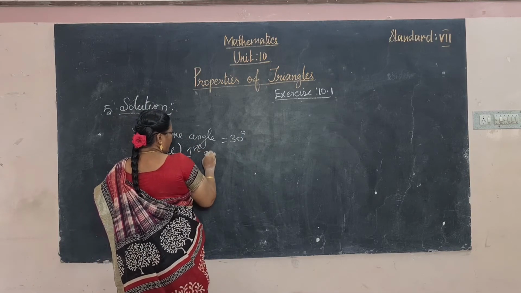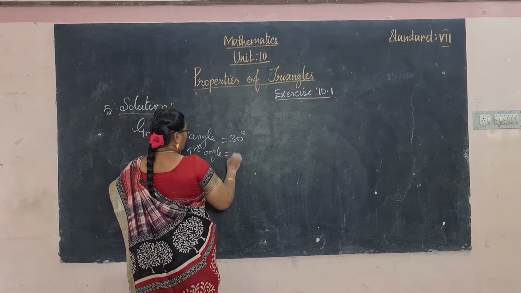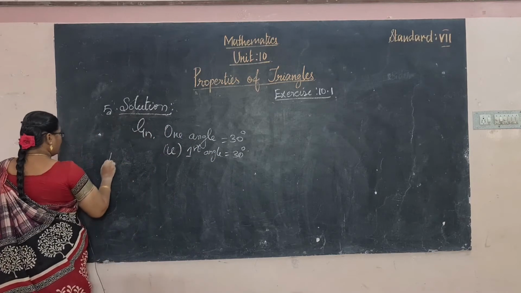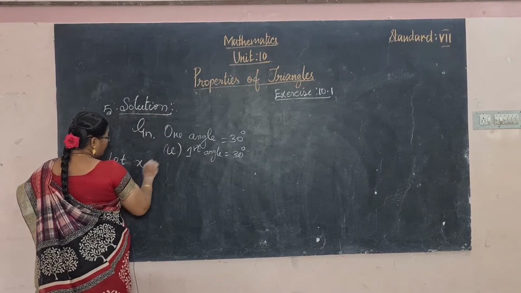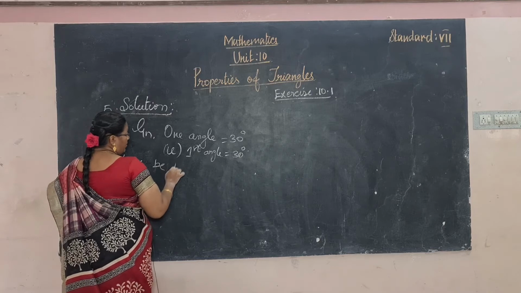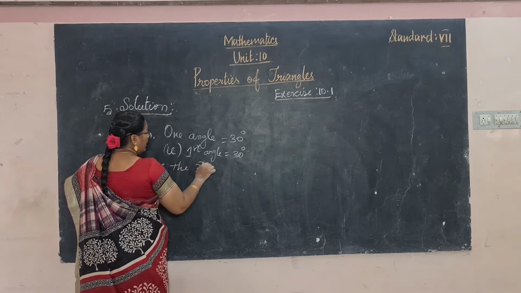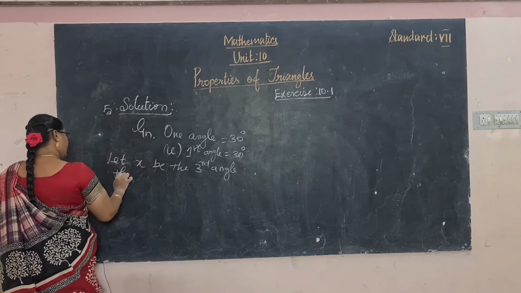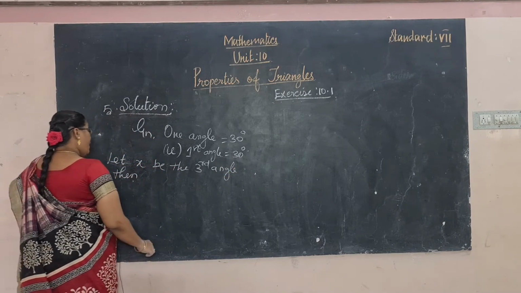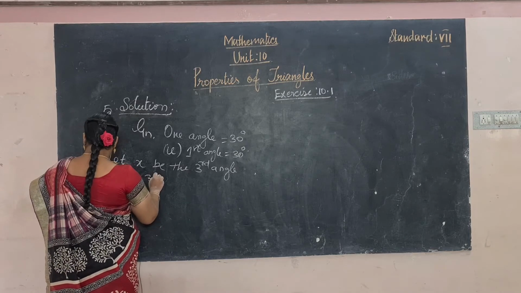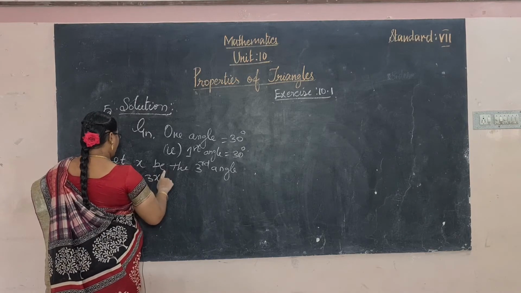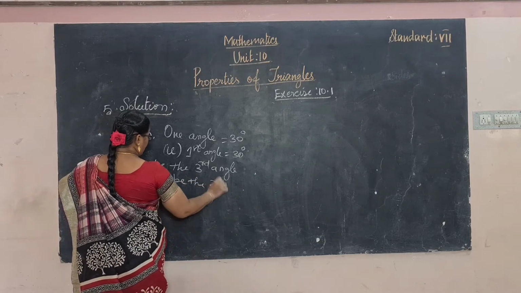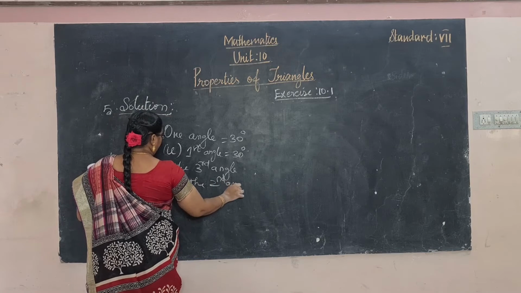The first angle is equal to 30 degrees. And let x be the third angle. Then 3x, thrice, so 3x is the second angle.